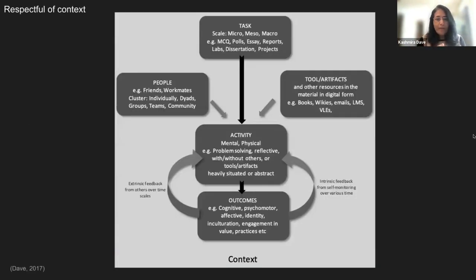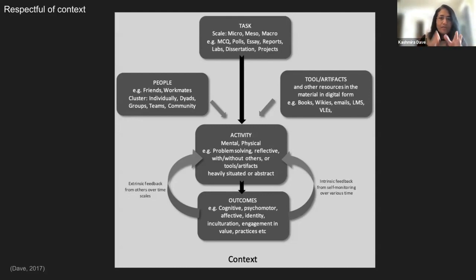So what I'm presenting here is that as learning designers, what we want to achieve is alignment. Alignment between what is delivered as a task, what students eventually do as an activity, and then what outcome they get. That is the black arrow line that I have shown in this diagram.